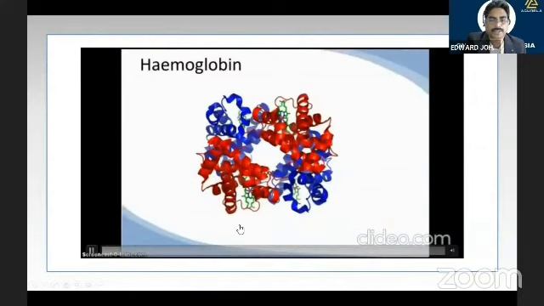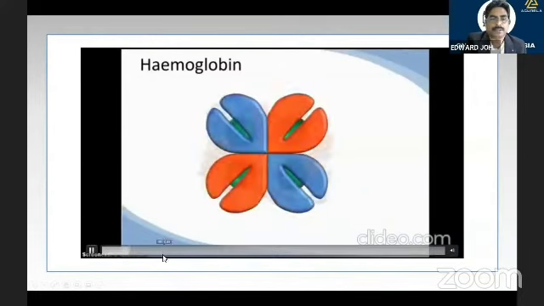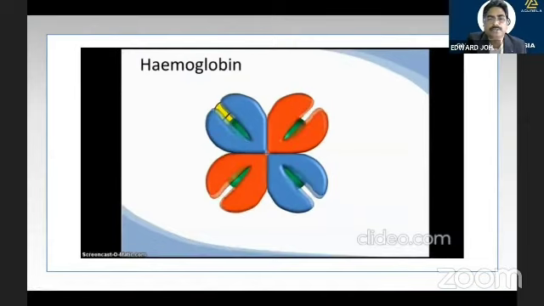So this is the structure of the hemoglobin. It has 2 alpha units and 2 beta units. It is in the closed form, called the tense state. When one oxygen molecule comes in contact with one subunit, it alters the configuration of the hemoglobin. So the hemoglobin is opened up for the attachment of the second molecule of oxygen.